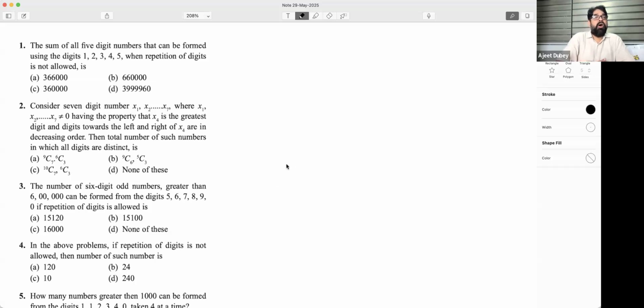You have to find the sum of all the numbers formed by using the digits 1, 2, 3, 4, 5 when repetition of digits is not allowed.